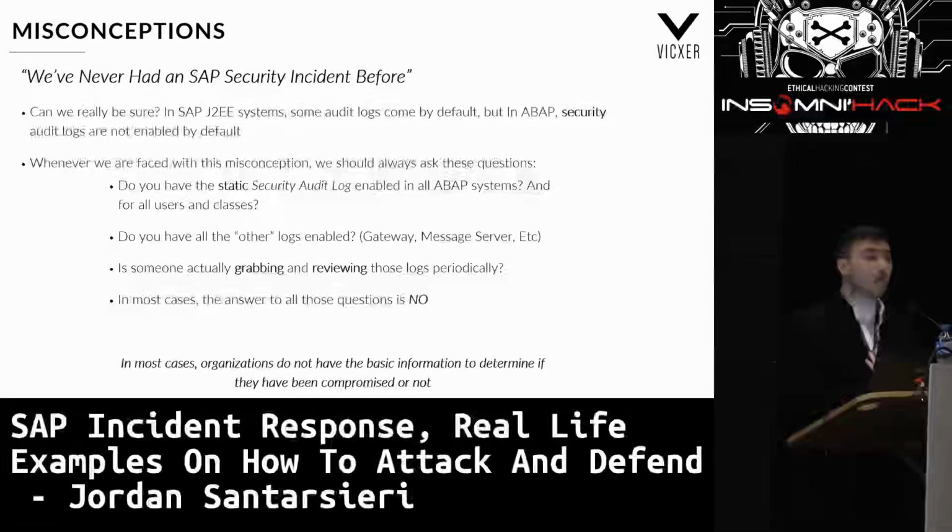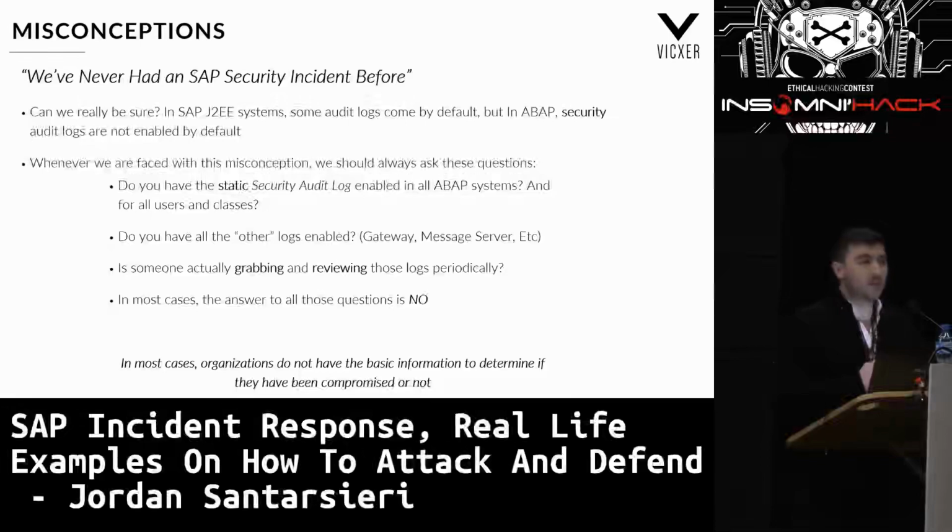That thing doesn't come with the security audit log enabled. The message server, a very important component used for load balancing, doesn't have the logs enabled by default. So, okay, let's suppose that you have the security audit log enabled, but do you have the other logs enabled? Still, the answer is no, I guarantee.